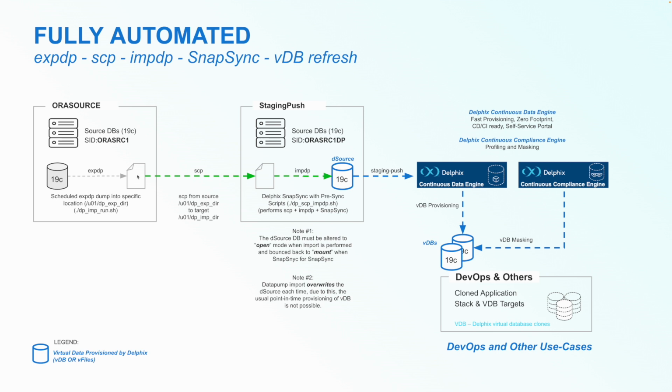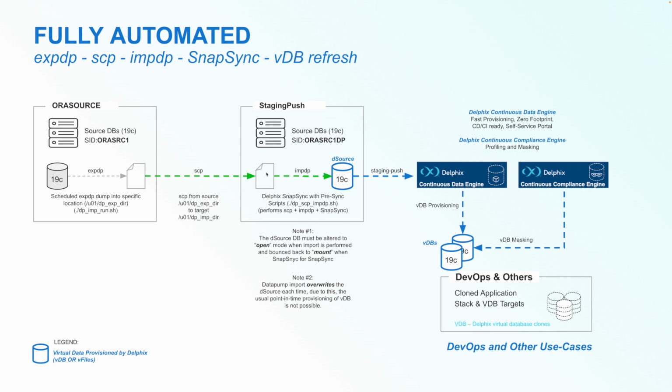Once the dump files are in the directory, we then perform an SCP and copy it over to another directory in our staging push server, called dp_imp_dir.